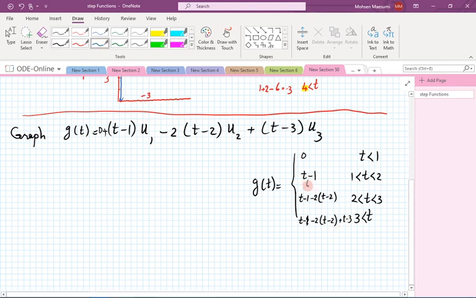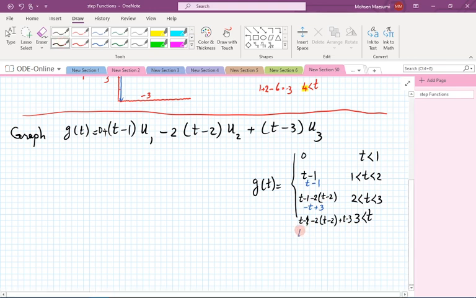So this is t minus 1. This becomes t minus 2t, so that becomes minus t, and then I have minus plus 4, so it becomes plus 3. This one, let's write it out so that I don't make a mistake.